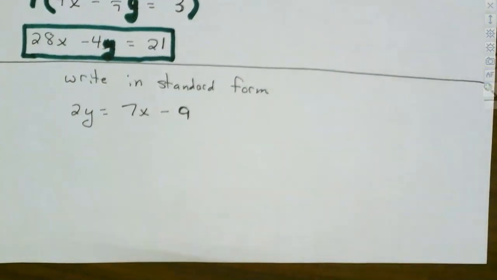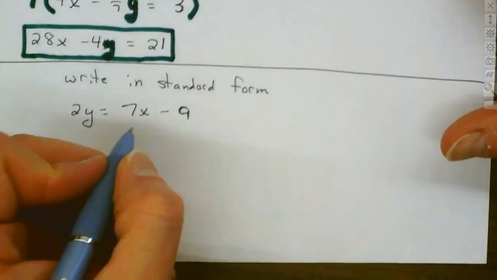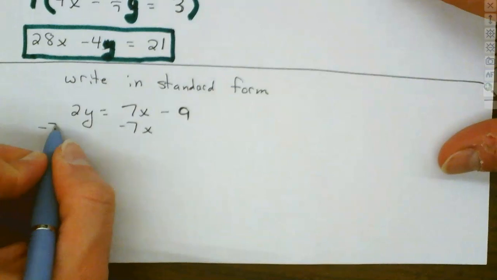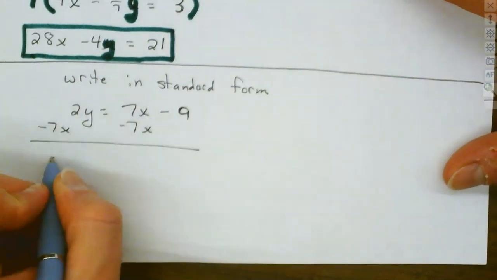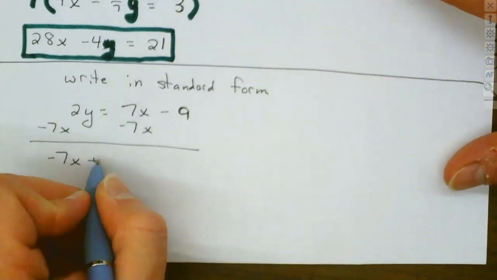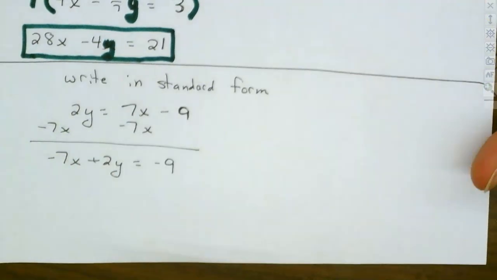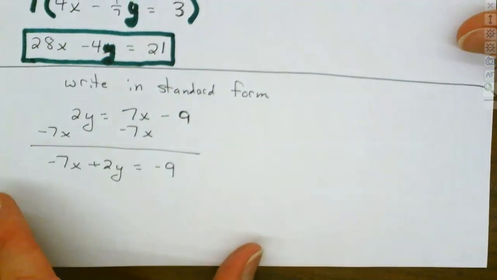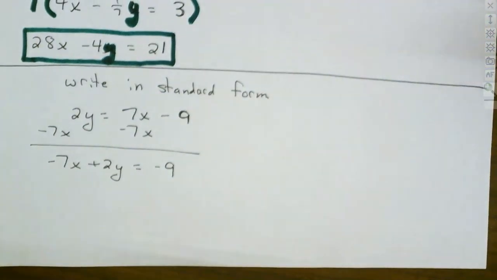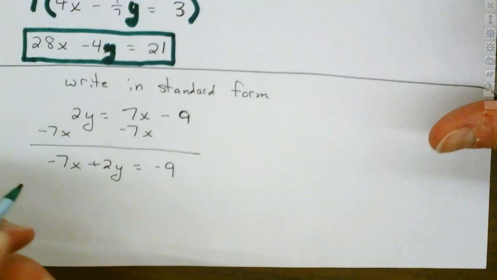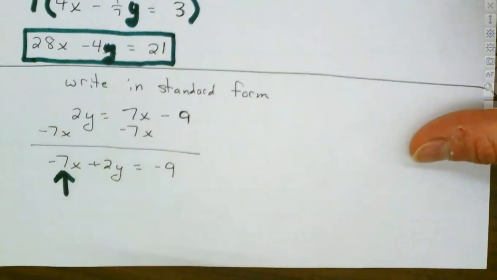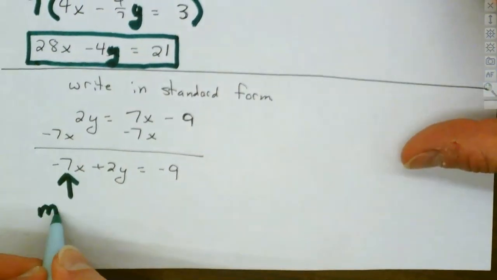Well, what do we need to do? To make it in standard form, we need to make sure that the x's and the y's are on the left-hand side. So I'm going to move that 7x over. Now, I specifically picked this one because it's not quite in standard form yet. It looks like it is, but what do we know about standard form? The a, the number in front of the x, that number must be positive.